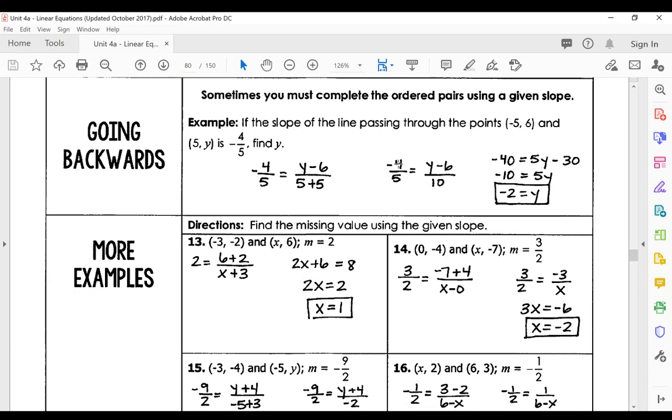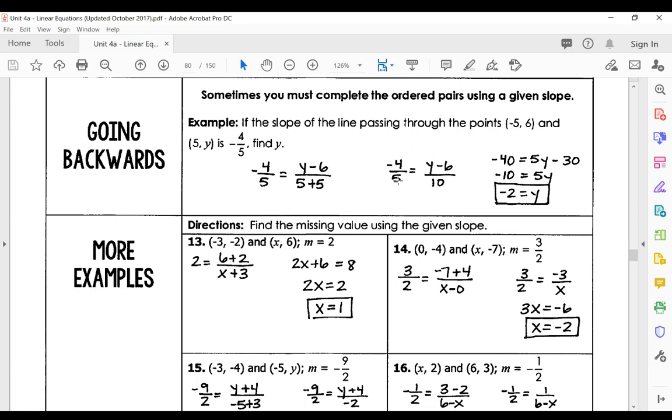Remember, we do the cross products. You may have called it the butterfly or something cute like that, but it's really just a matter of multiplying from top left to bottom right, -4 times 10, which is -40. And then on the other side of the equation, we can go from bottom left to top right and multiply 5 times y minus 6.